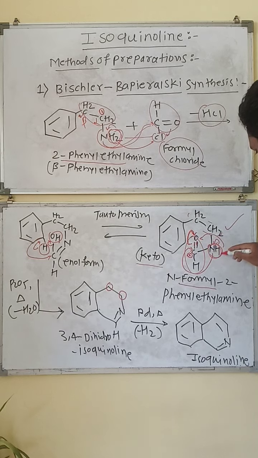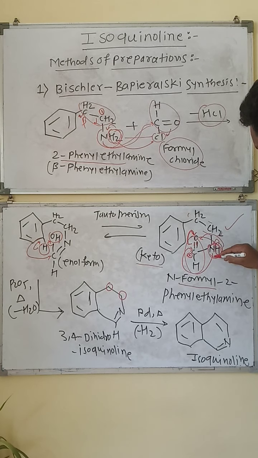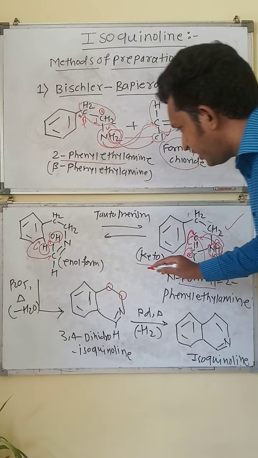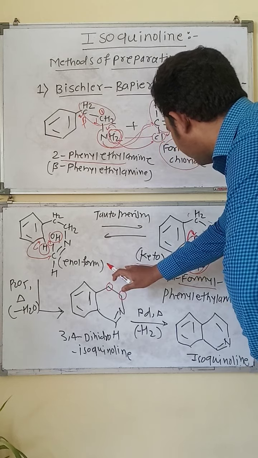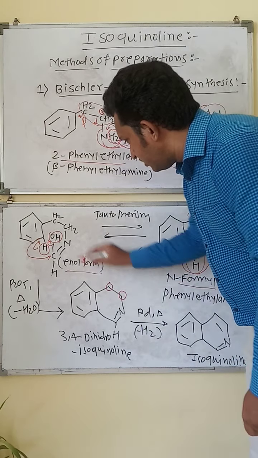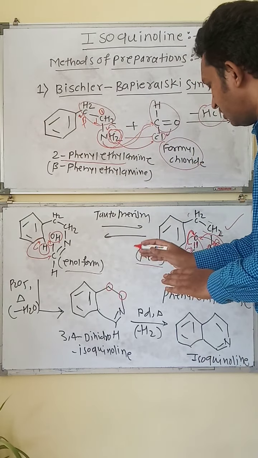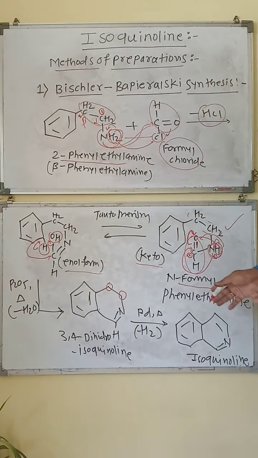Now this oxygen takes hydrogen from the nitrogen towards itself, so this O becomes OH, and the nitrogen bears the lone pair of electrons from the hydrogen. This electron deficient carbon and electron rich nitrogen form the double bond. So we get the enol form, like this. That is the OH group and carbon nitrogen double bond. We get the enol form of N-formyl 2-phenylethylamine.